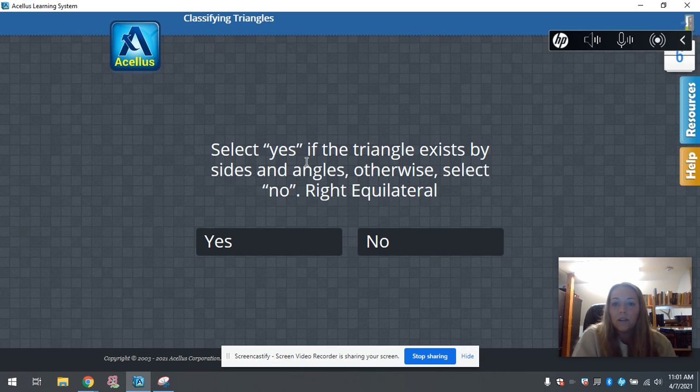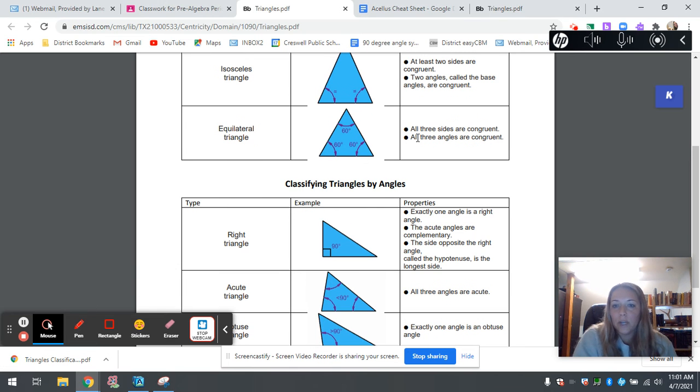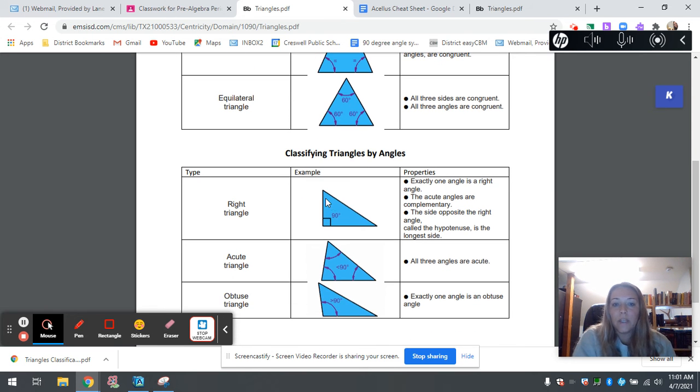Select yes if the triangle exists by sides and angles. Otherwise, select no. Is it possible to have a right equilateral triangle? So an equilateral triangle has all three sides and all three angles congruent. A right triangle has an angle that has 90 degrees.